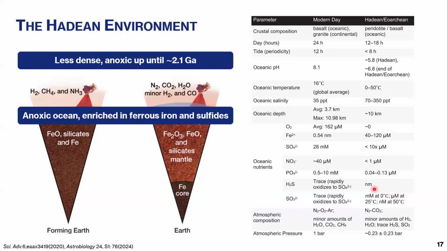By the end of the Hadean, global oceans are expected to have contained a greater volume than the modern oceans and been anoxic, enriched in ferrous iron and sulfate. The atmosphere was also anoxic and is thought to have been composed mostly of nitrogen gas and carbon dioxide, CO2, with some hydrogen, water, hydrogen sulfide, H2S, and sulfur dioxide, SO2. This table summarizes the current understanding of geochemistry on early Earth.